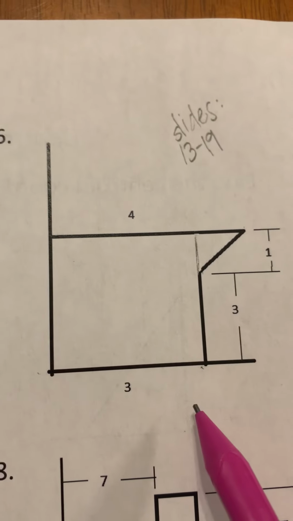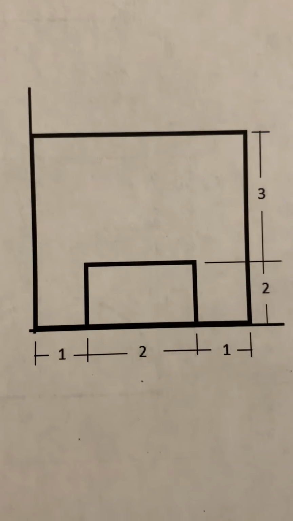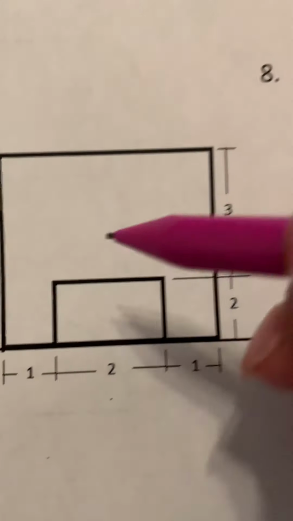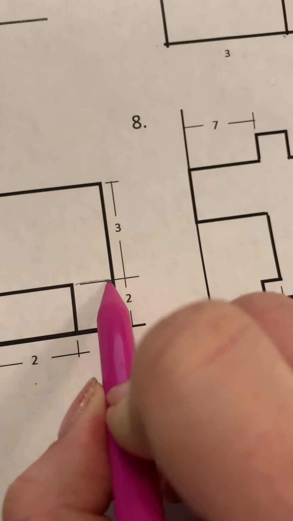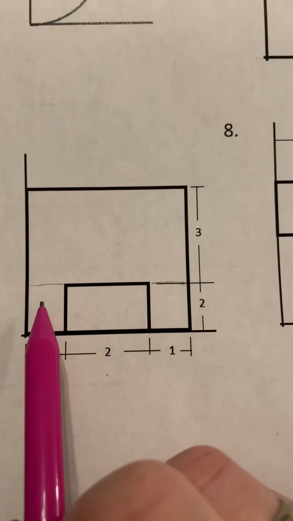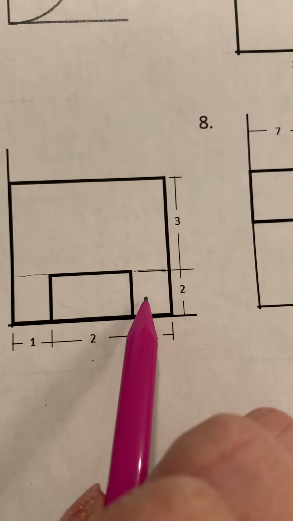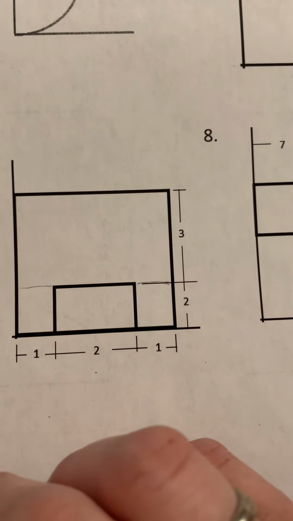So there's some help on that one. And then the last one down here, another complex shape. You're going to separate this guy into 3 shapes again. So on my answers, shape 1, shape 2, shape 3, you're going to find the area.